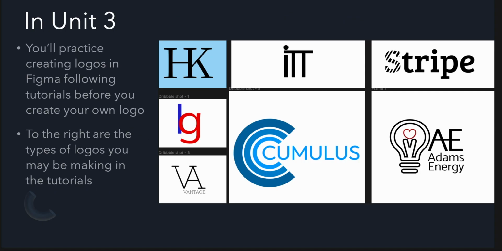All right. In Unit 3, you are going to be practicing creating logos in Figma following some tutorials that will be provided to you. So here's an example of the types of logos you might have in the next unit, where you'll be following along with directions and creating these logos along with a video.